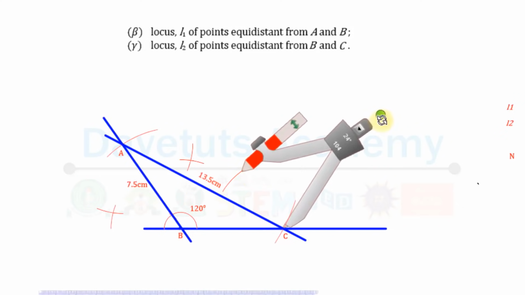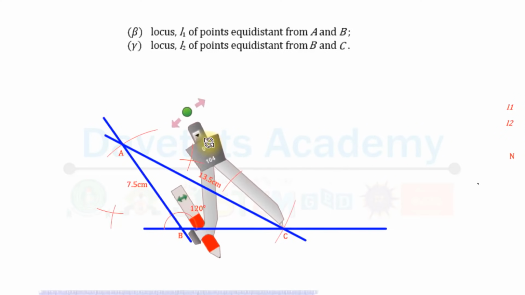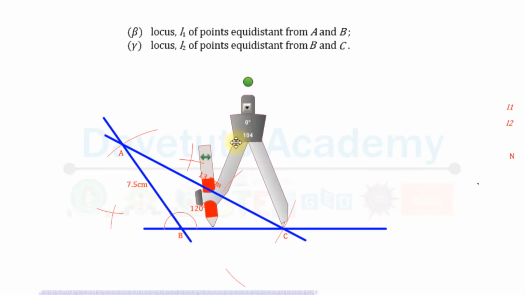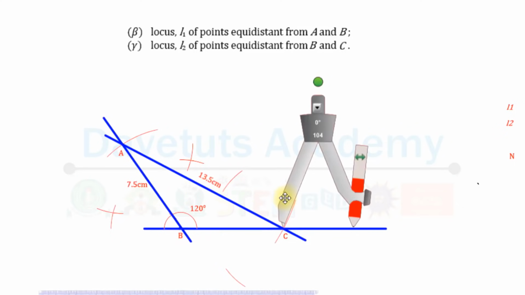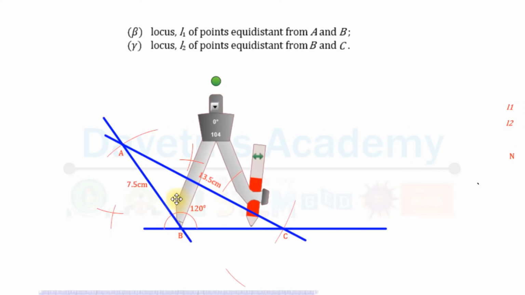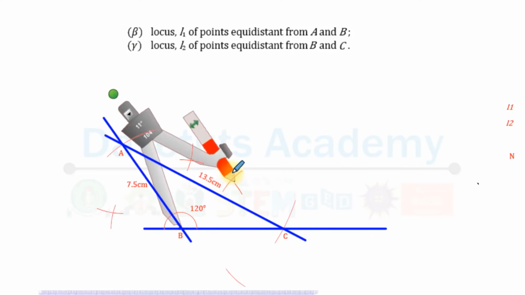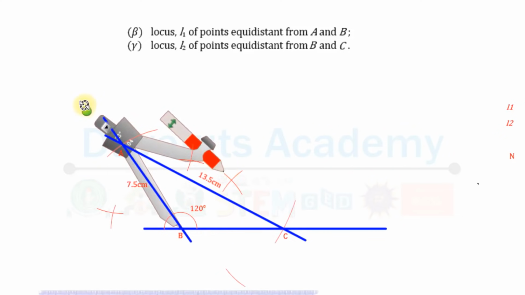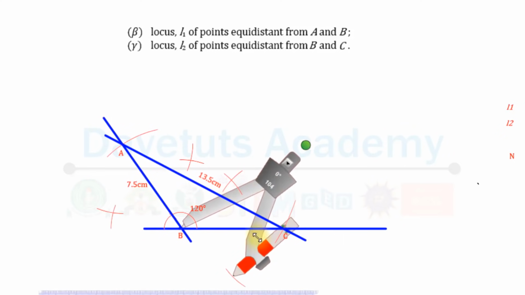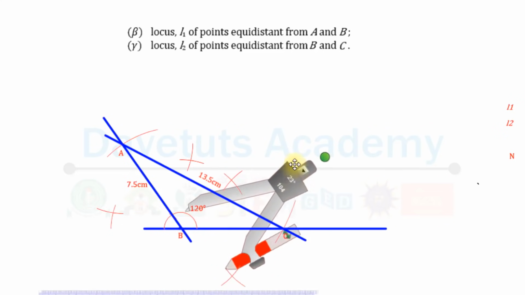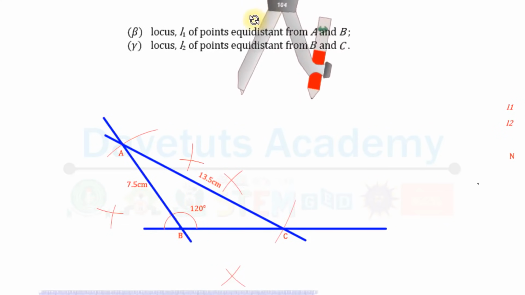So I'm marking off from C, both at the top and at the bottom, and I will use the same radius and go to point B now and also mark off to cross the other arc that I just constructed, and this is exactly what is expected of us.